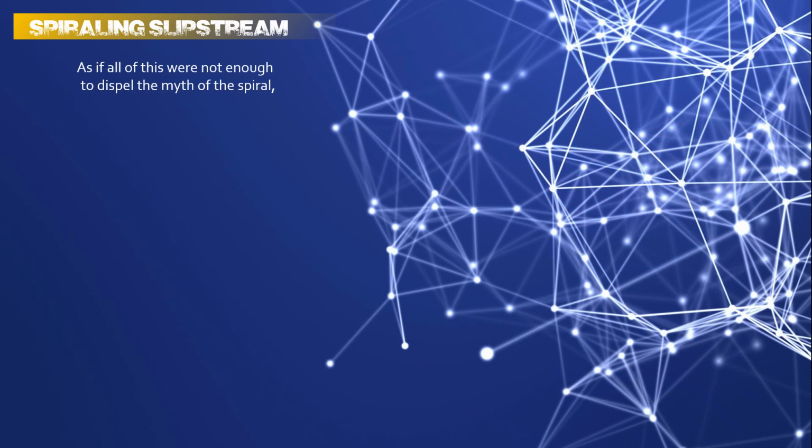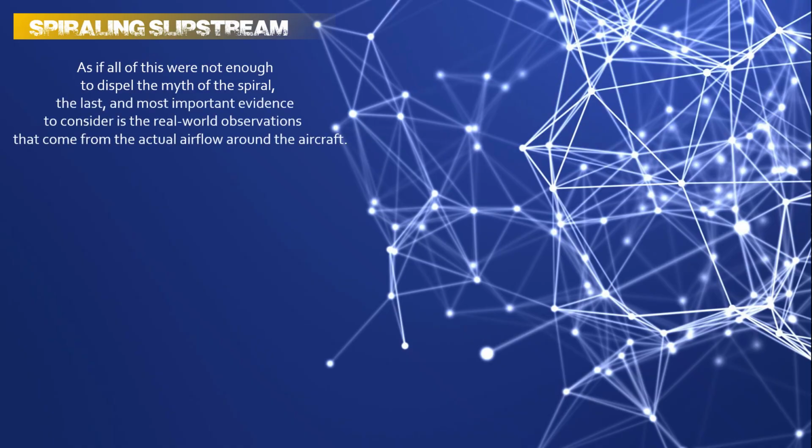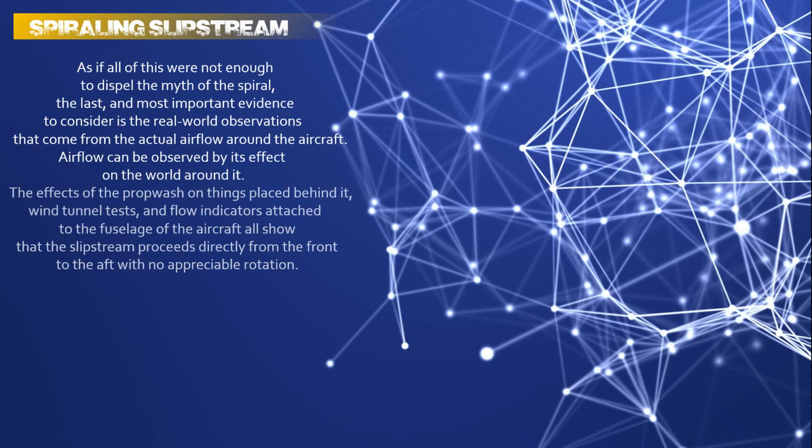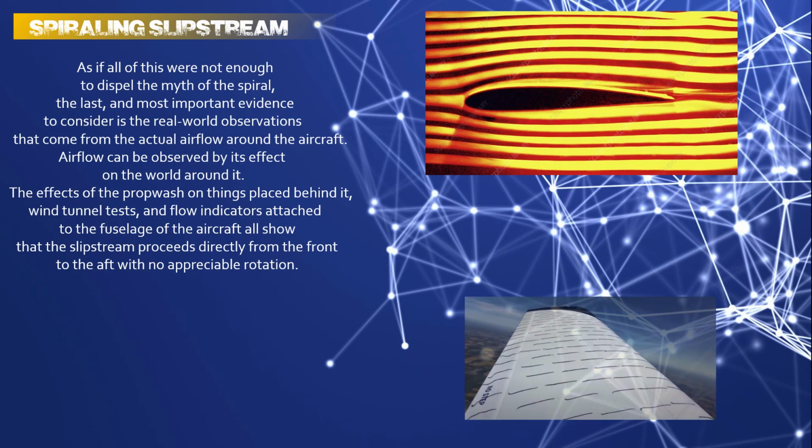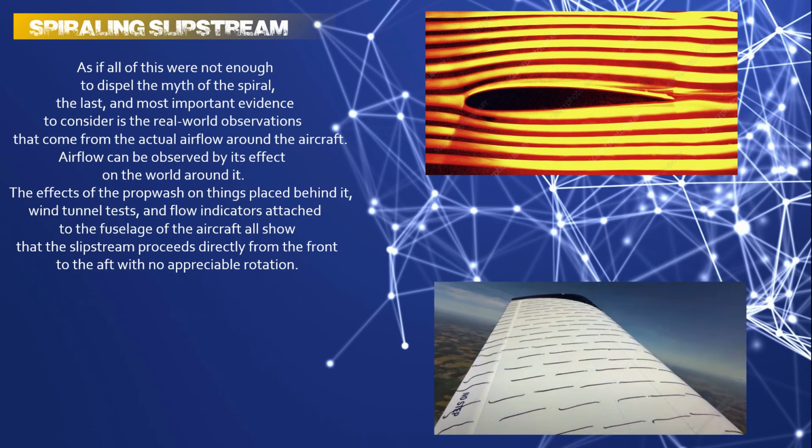As if all of this were not enough to dispel the myth of the spiral, the last and most important evidence to consider is the real-world observations that come from the actual airflow around the aircraft. Airflow can be observed by its effects on the world around it. The effects of the prop wash on things placed behind it, wind tunnel tests, and flow indicators attached to the fuselage of the aircraft all show that the slipstream proceeds directly from the front to the aft with no appreciable rotation.